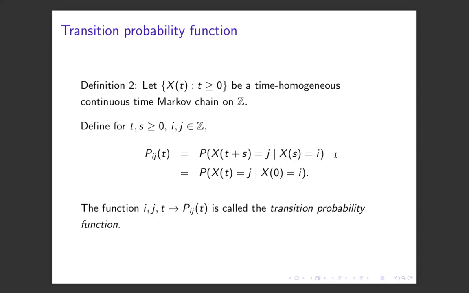Had it been non-homogeneous, then one would have had to incorporate s also here. But we are not considering such processes at this stage. So this function, p sub ij at t, is called the transition probability function.